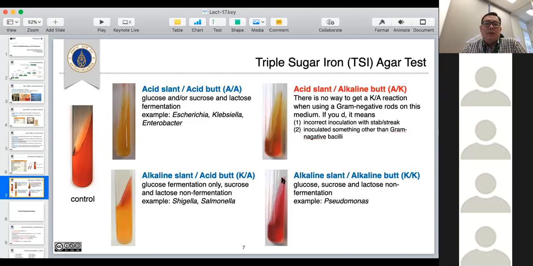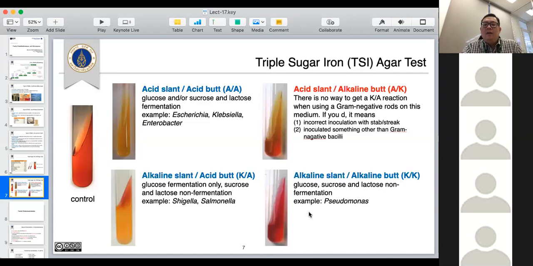If the tube looks exactly like the control, but you observe the streak, you probably find some bacteria growing on the streak line. We call it alkaline slant alkali butt because they cannot ferment any sugar. Okay, they consume amino acid instead, in both aerobic and anaerobic conditions.